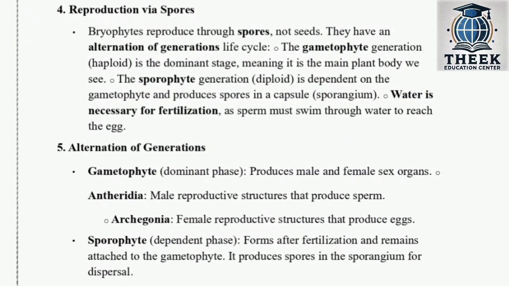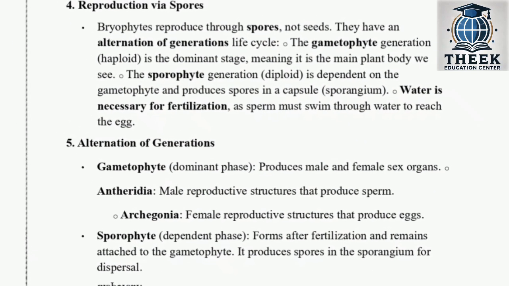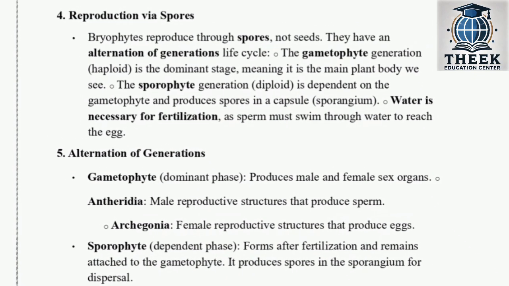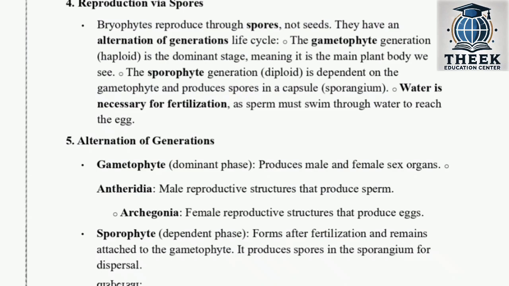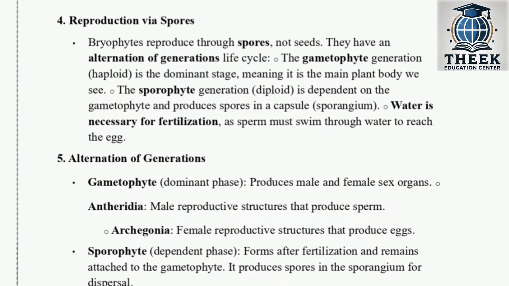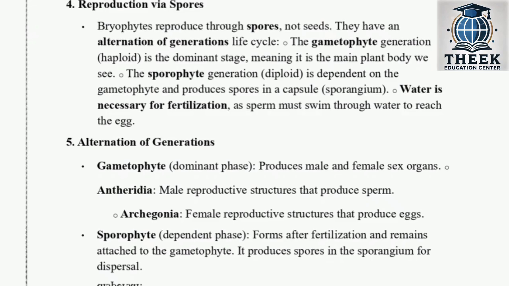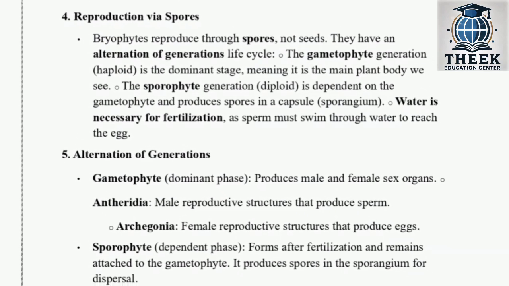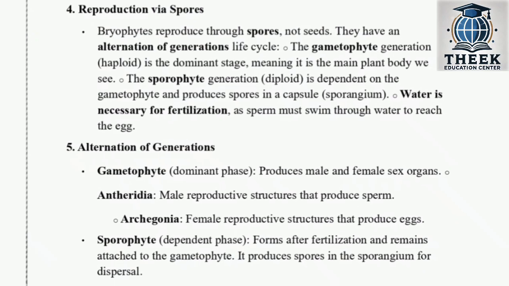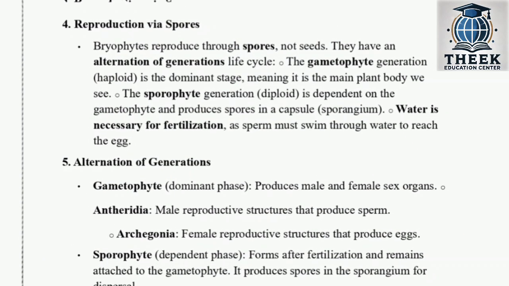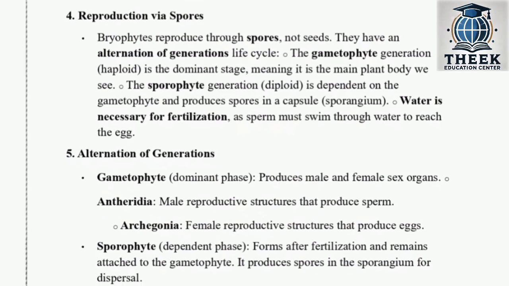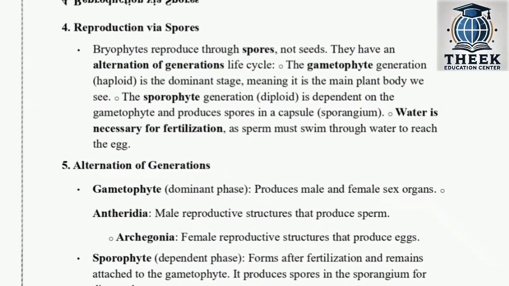The sporophyte generation, which is the diploid, is dependent on the gametophyte and produces spores in a capsule, the so-called sporangium. Water is necessary for fertilization, as sperm must swim through water to reach the egg.